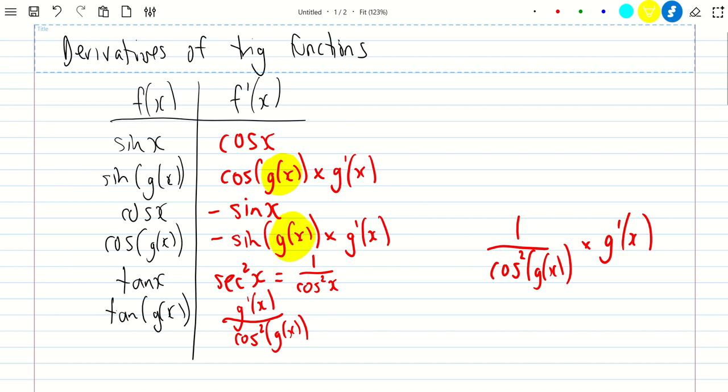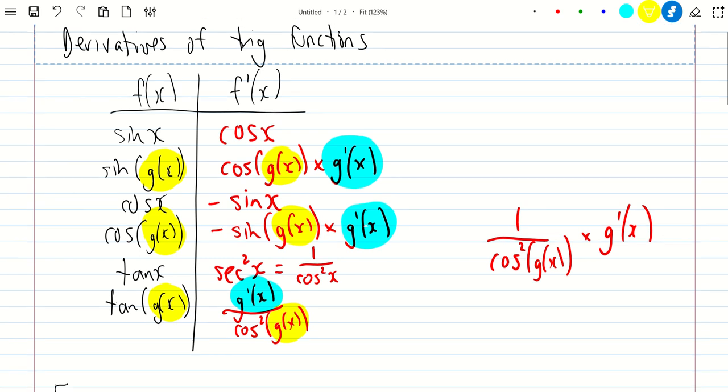Whenever you've got a function on the inside of another function, we differentiate the outside, so sine goes to cos goes to negative sine, etc., and we leave the inside, that g of x, as it is on the inside, and then we multiply it by the derivative at the end. So this is called the chain rule. That's getting multiplied by that derivative, and the inside stays the same. Hopefully that makes sense, but we'll go and do some examples to make sure it makes sense. So let's have a look at this.